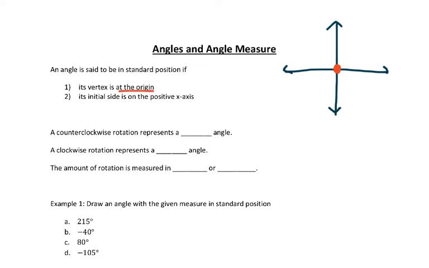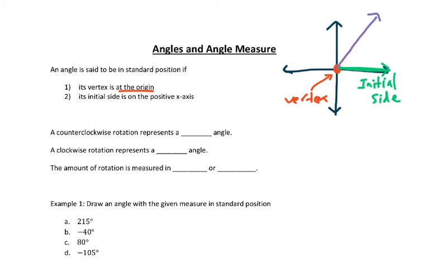The second one is that the initial side is on the positive x-axis. So if this is our vertex, then the initial side is on the positive x-axis. So this is the positive x-axis. This is called our initial side. And then we need another ray to make an angle.